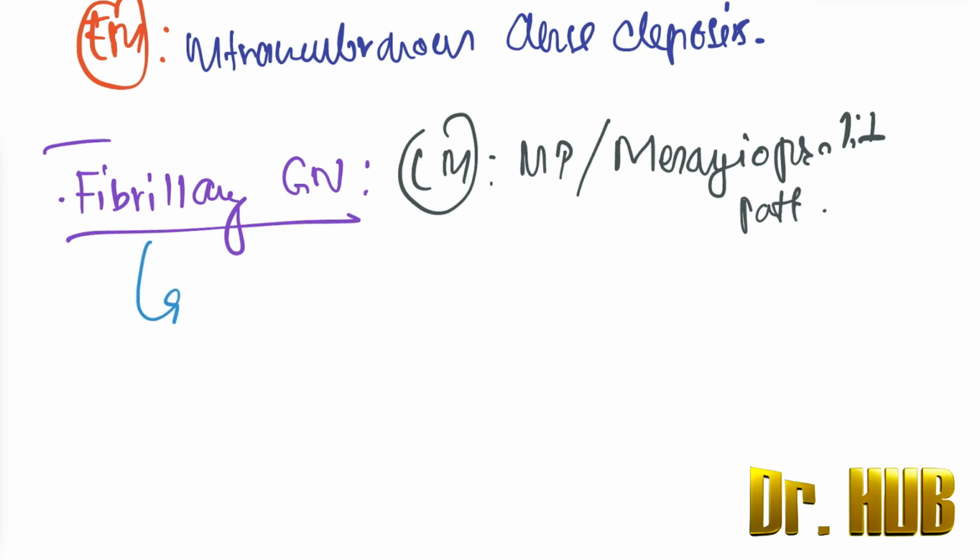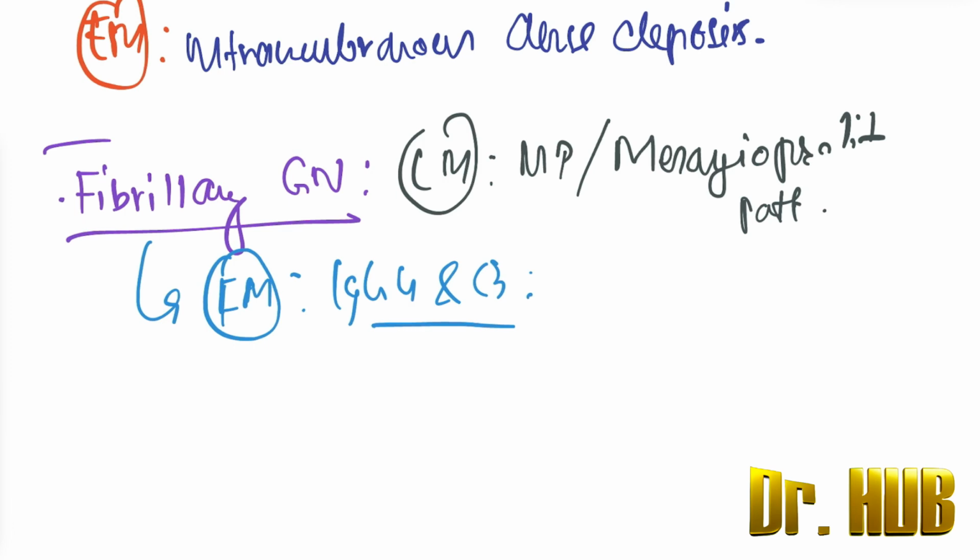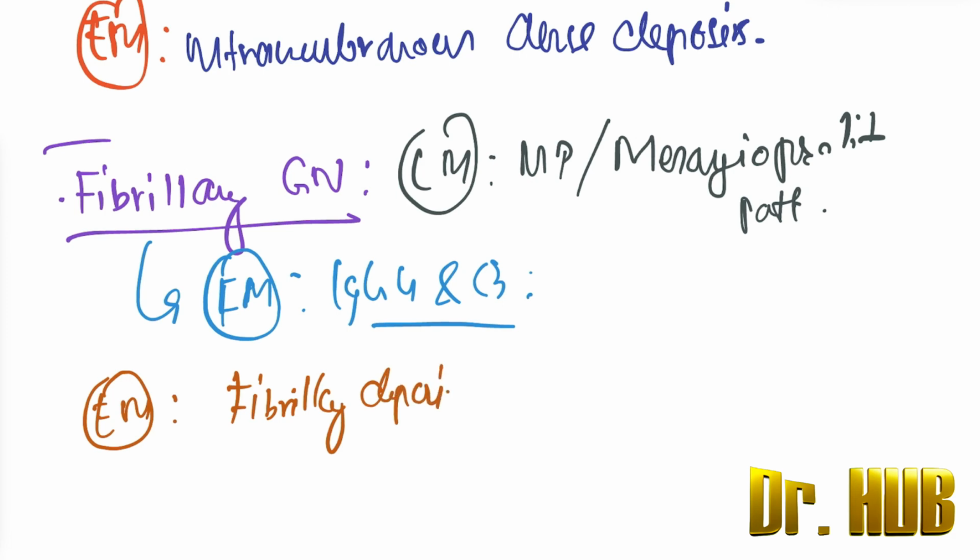Now we are looking at fluorescent microscopy. There are IgG4 and C3 present. Then looking at the electron microscopy, it shows fibrillary deposits, and they are present in the mesangial and the capillary walls.